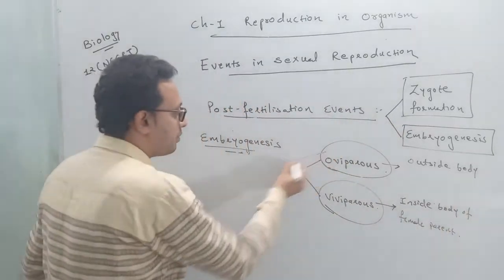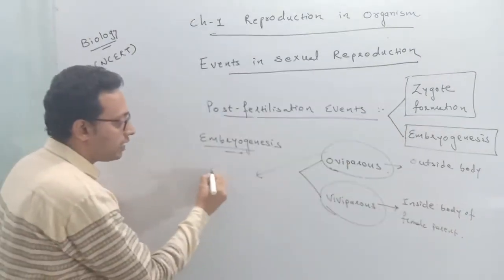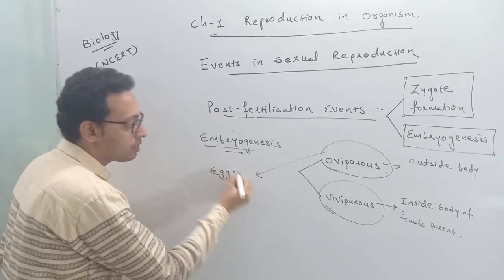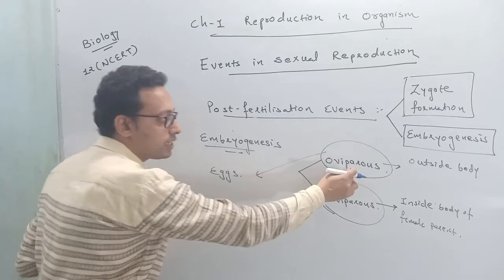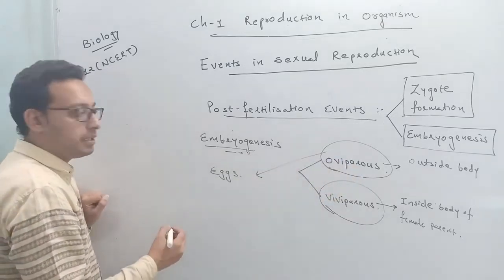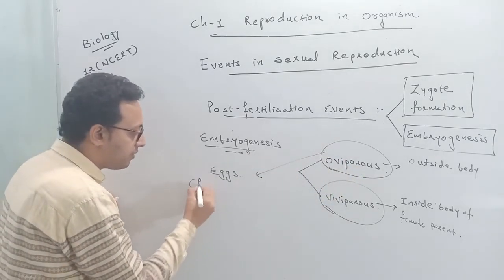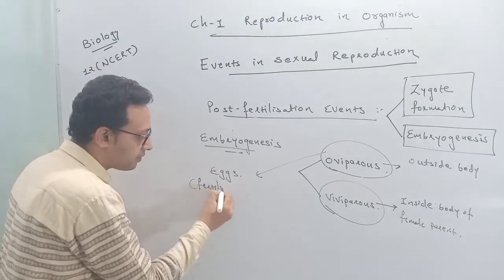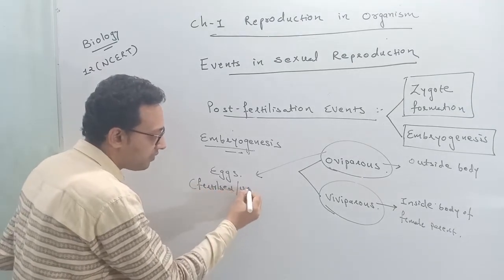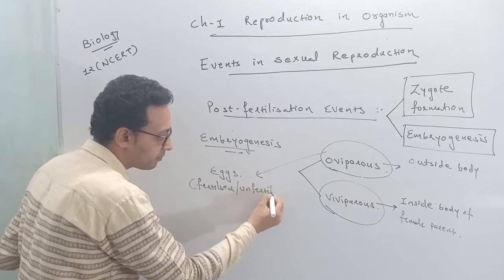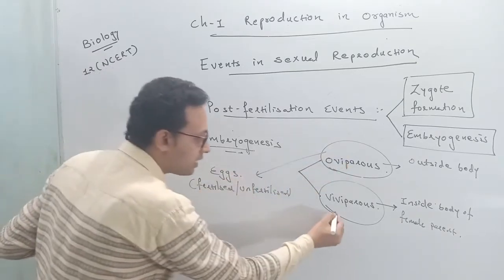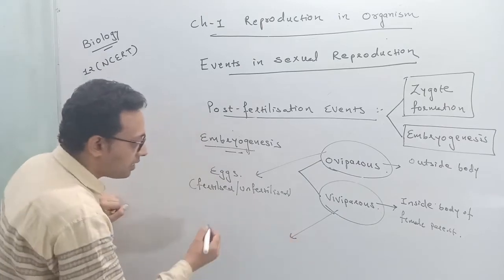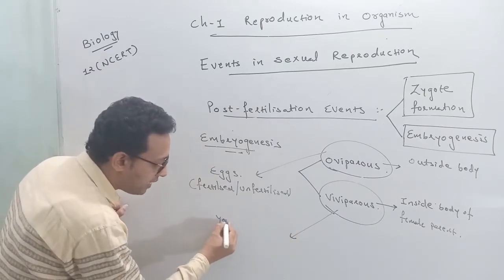Oviparous animals give eggs. In eggs the development of the embryo occurs outside a body, so that's why we call them oviparous animals. Either they give fertilized eggs or unfertilized eggs. Clear? So oviparous animals give eggs, and viviparous animals give birth to a young one.